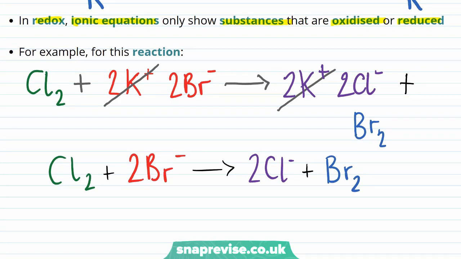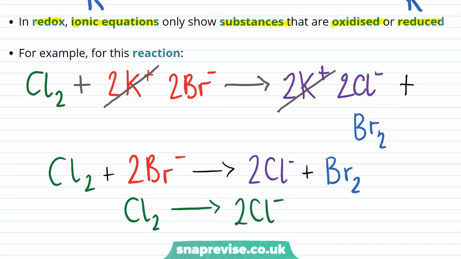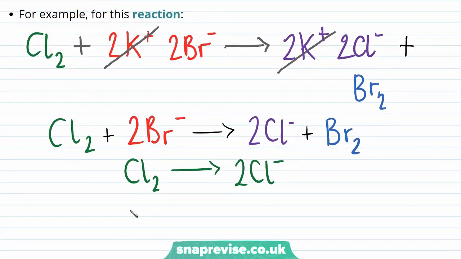From here, we can then think about what is happening to each species separately. For example, if we think about chlorine, on the reactant side of the equation, we have a chlorine diatomic molecule, and this then goes to 2Cl-, 2 chloride anions. And how about bromine? On the reactant side, we have 2 Br- bromide anions, which go to give a Br2 bromine molecule.